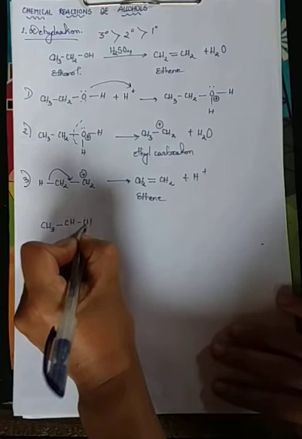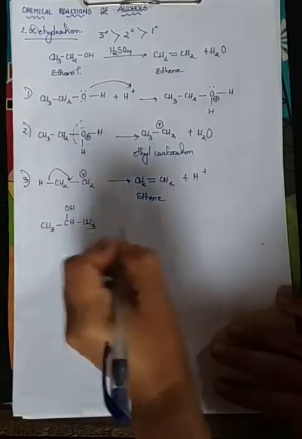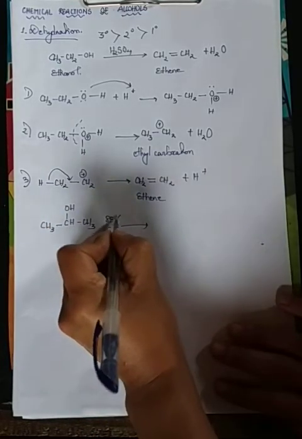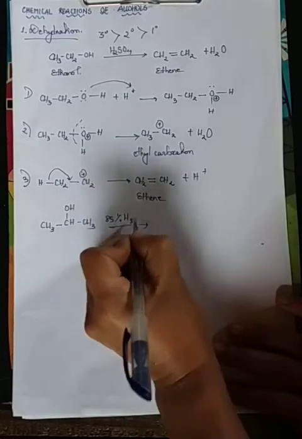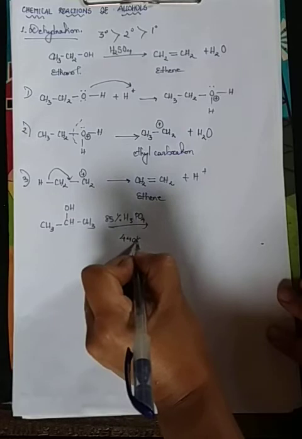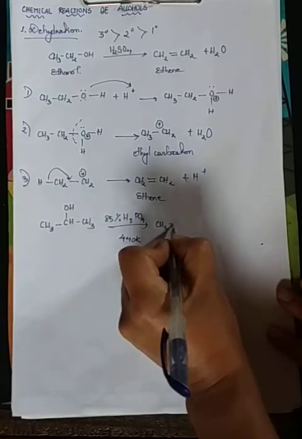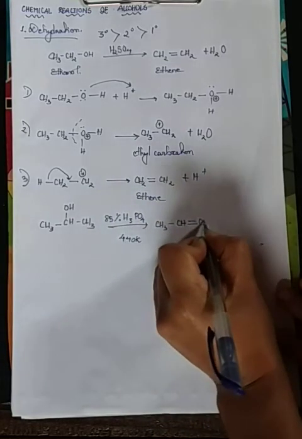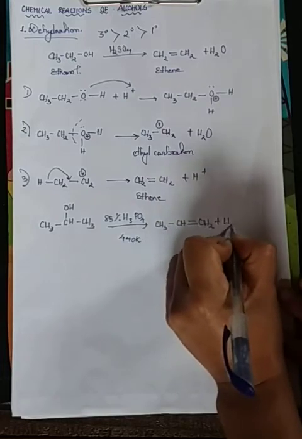Now for a secondary alcohol, let's write an example, CH3CHOHCH3. If we take 85% sulfuric acid at 440 Kelvin, we get CH3CH=CH2 along with the removal of water.